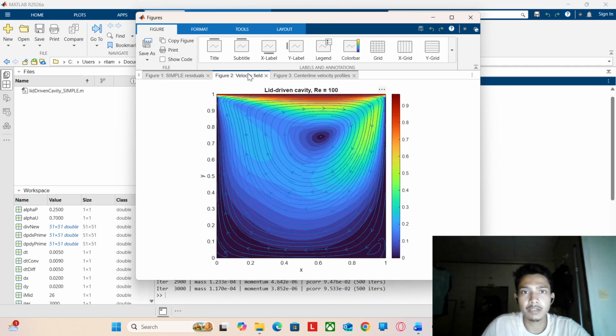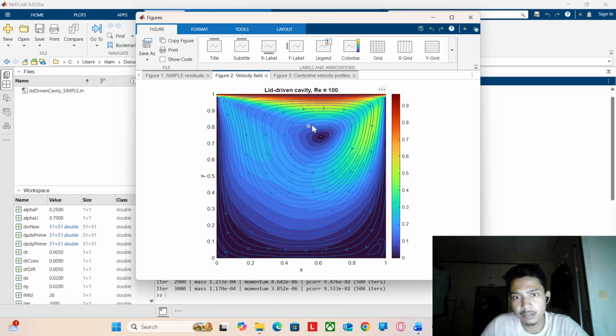Now let's dive into the velocity field contour. This second figure shows the velocity magnitude contour and streamlines. The main vortex forms because the top lid drags fluid from left to right. You can see this, it is dragging from left to right. The streamlines clearly show recirculating flow inside the cavity.